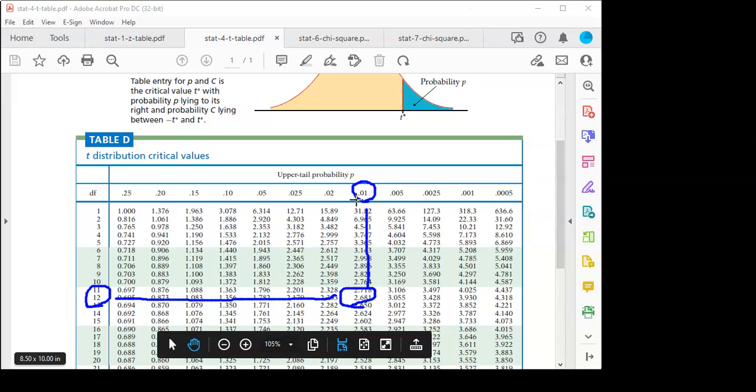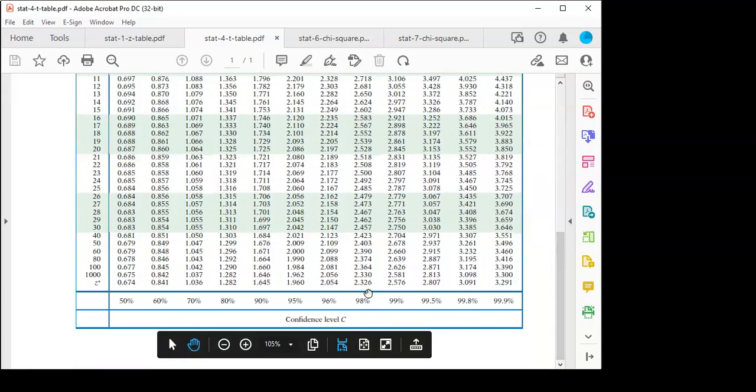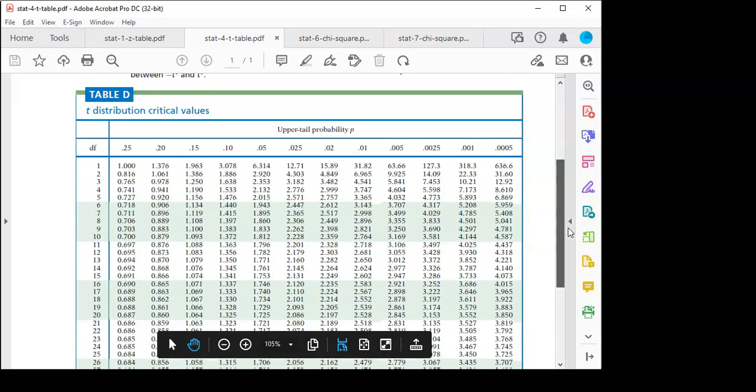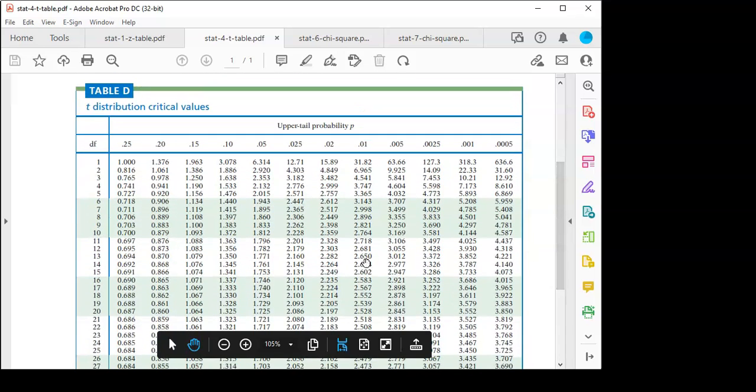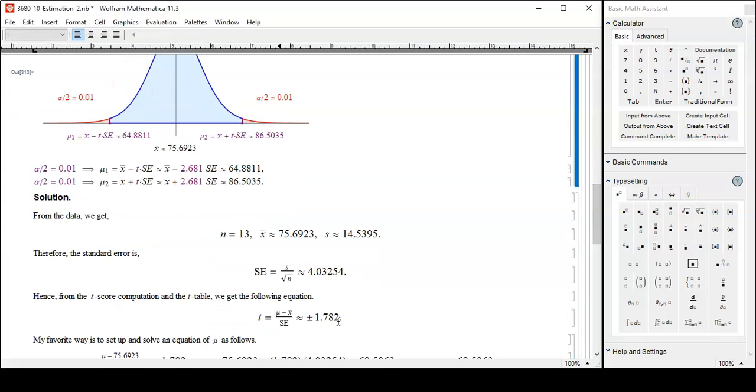By the way, you can start from 1% here. You can also start from down here, 98% confidence level. Either way, you're going to get the same value, 2.681. So the t-score is 2.681.